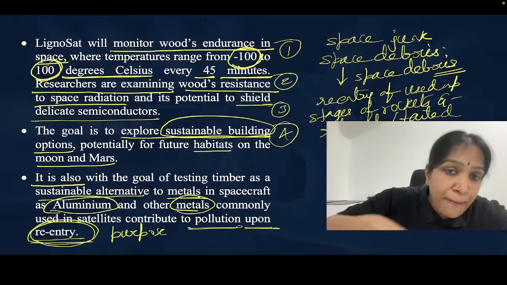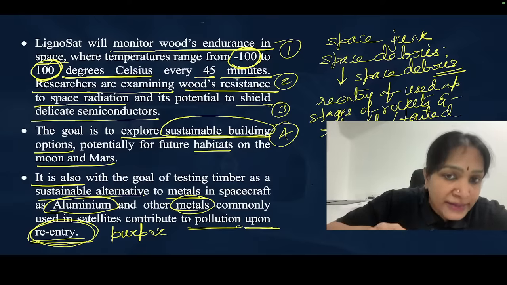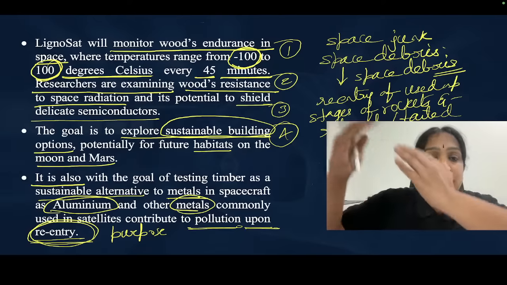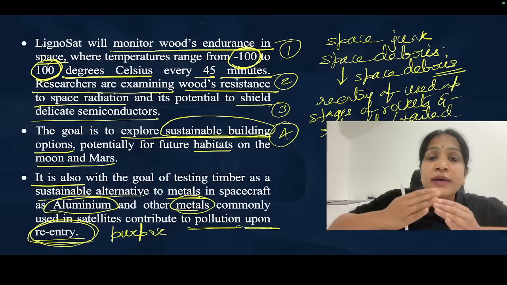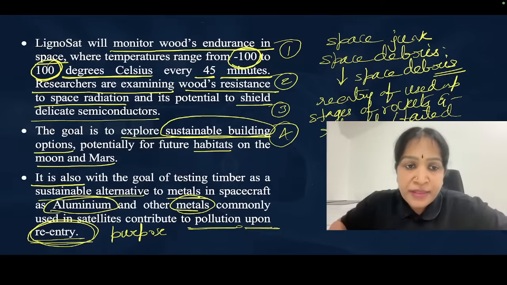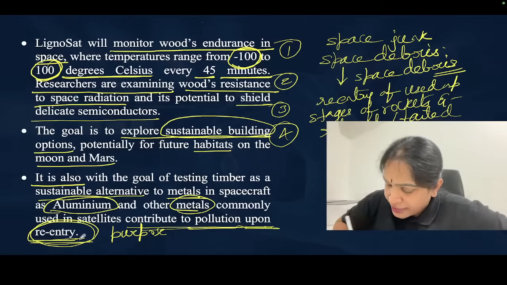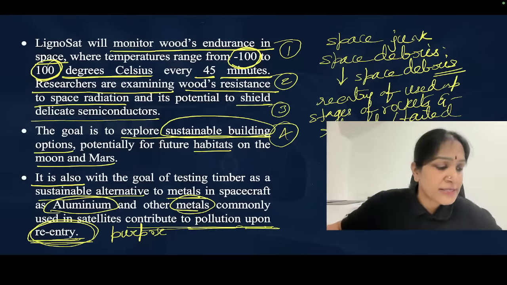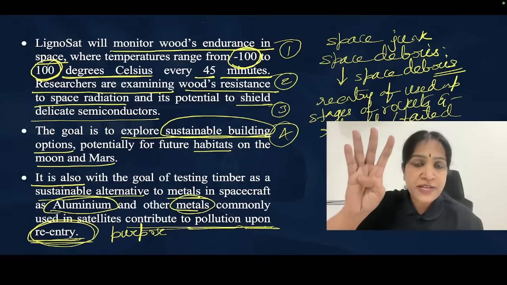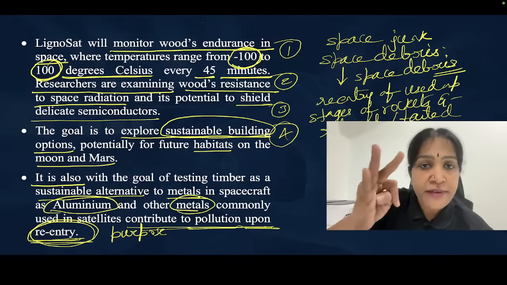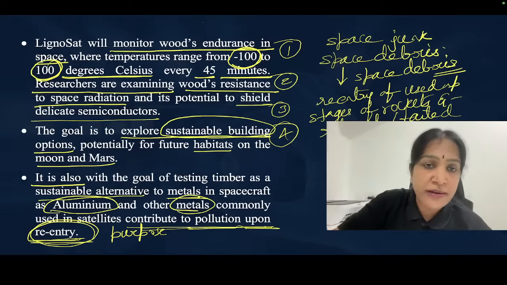When you bring them back, if they are made up of metals, they will cause pollution when they are entering back into the Earth's atmosphere. That is, they contribute to pollution upon re-entry. Lalita Prasad, I hope it is clear. To minimize space debris, one way is to use reusable vehicles, true.